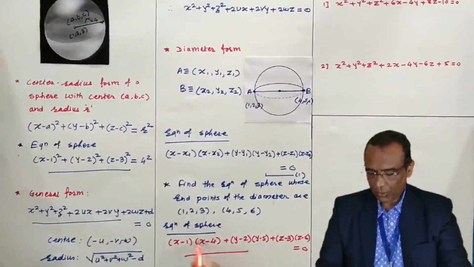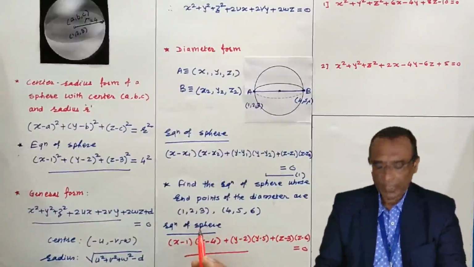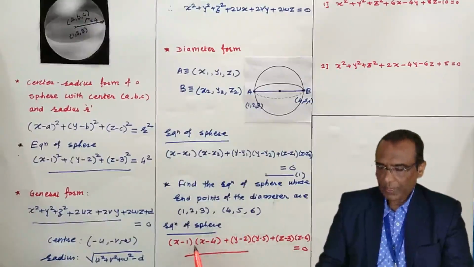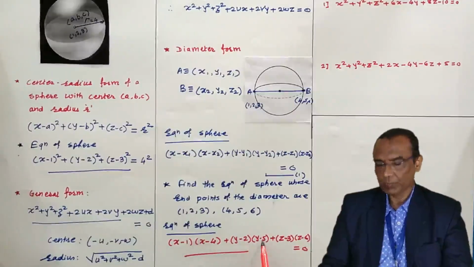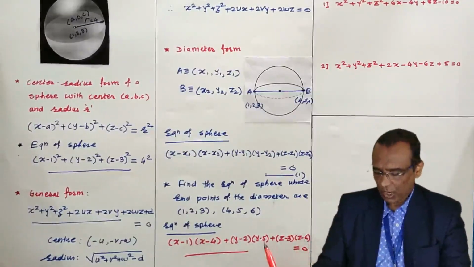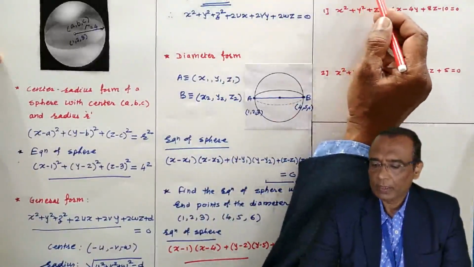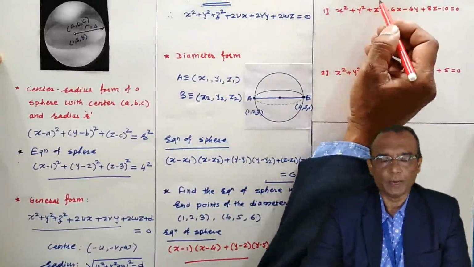So this is the equation of the sphere when the end points of the diameter are given to you. You may expand it: multiply these two brackets, these two, and these two, and you may solve it further.